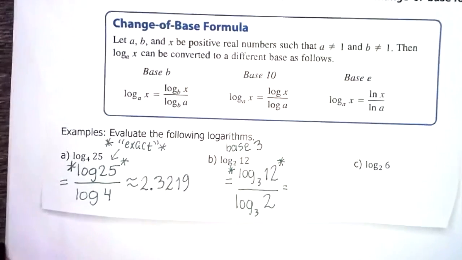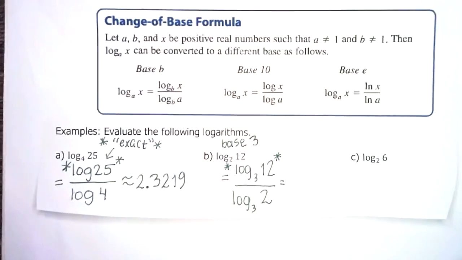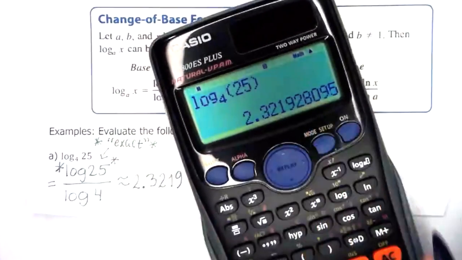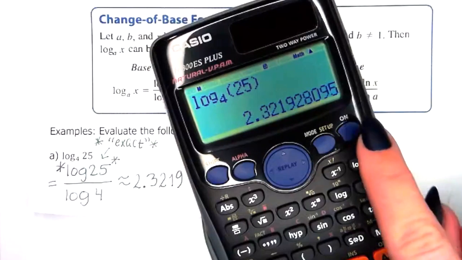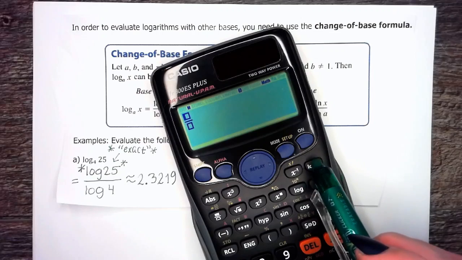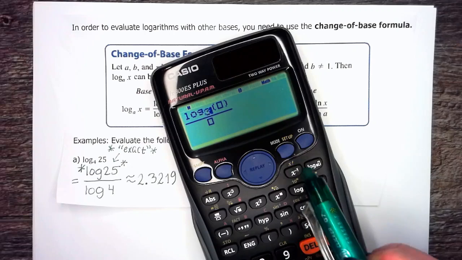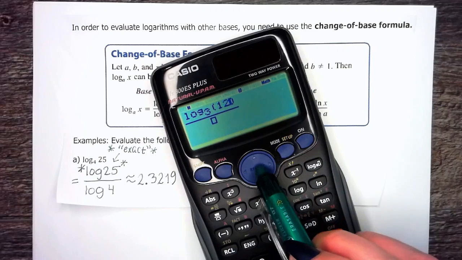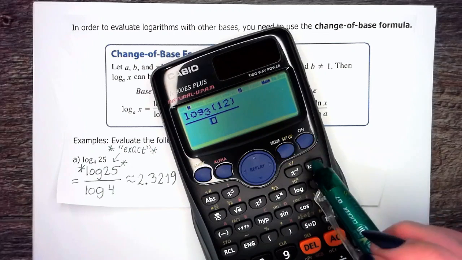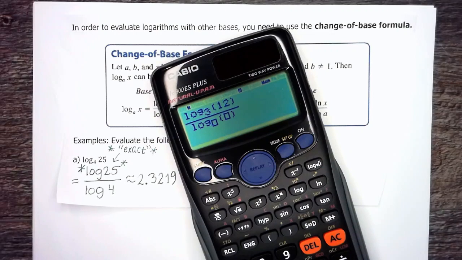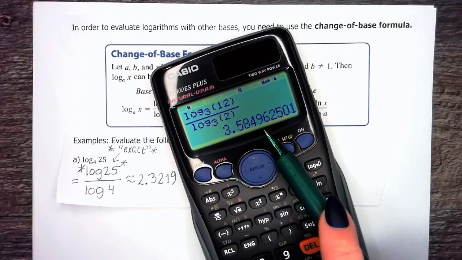In the calculator, we'll type that: log base 3 of 12 down here, log base 3 of 2. Here we have 4 decimal places. Where would we stop?